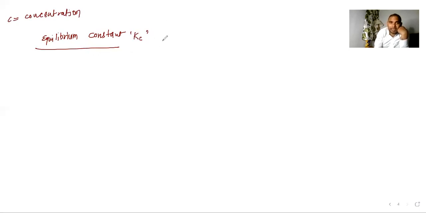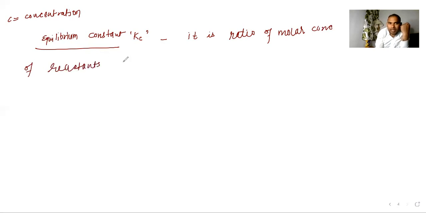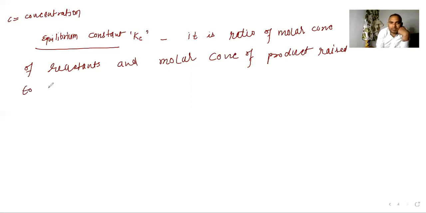They say it is the ratio of the molar concentration of products, raised to the power of their coefficients, to the molar concentration of reactants, raised to the power of their coefficients, at equilibrium.